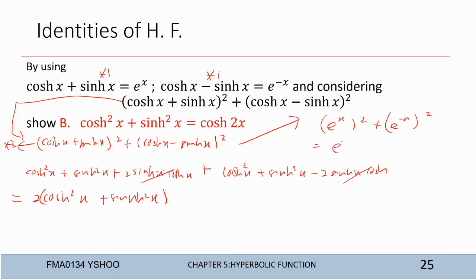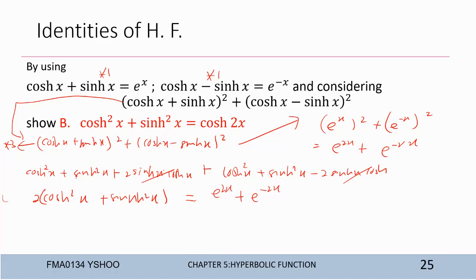So when you expand it, you will have e^2x plus e^-2x. So that means if you use the expansion, the expansion of (cos x plus sine x) squared on the left-hand side is this one, while on the right-hand side it is e^2x plus e^-2x.